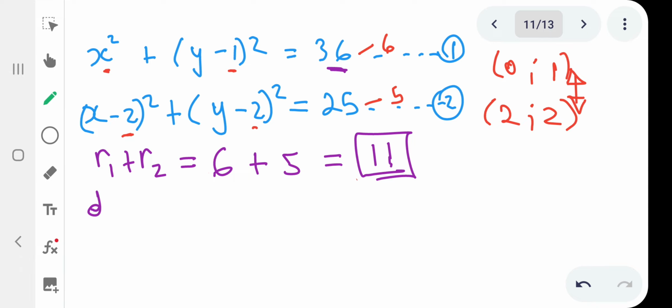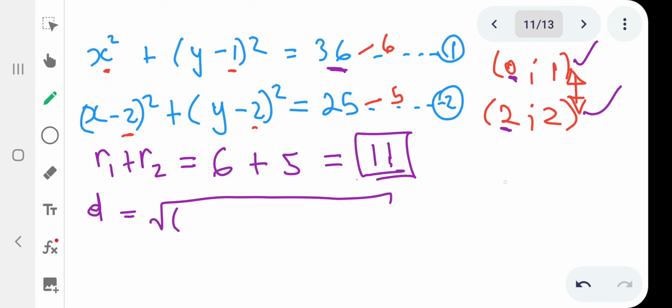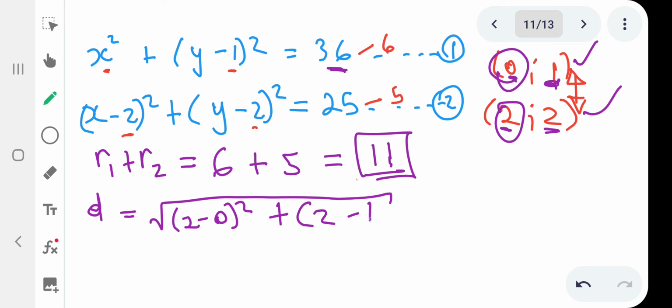And then let's check the distance. We calculate it using the distance formula between the two centers, right? x2 minus x1 gives 2 minus 0 squared plus 2 minus 1 squared, and the distance is the square root of 4 plus 1, right?